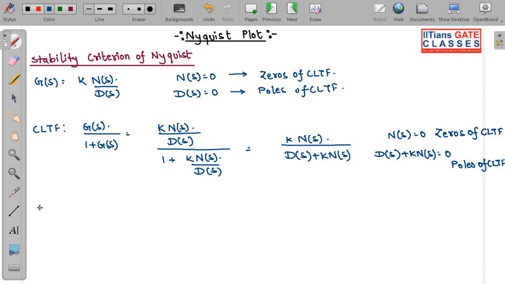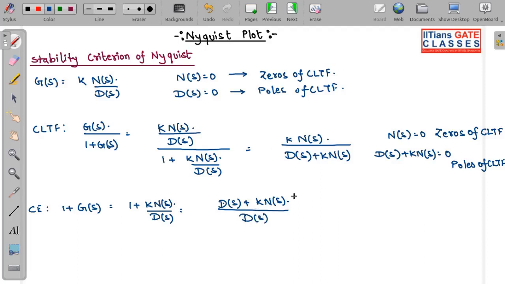Now let us talk about your characteristic equation. So what is this characteristic equation? We know it is 1 plus G(s). So solve this. This will be 1 plus K N(s) by D(s). If you just take the LCM at this point, that will be D(s) plus K N(s) divided by D(s).